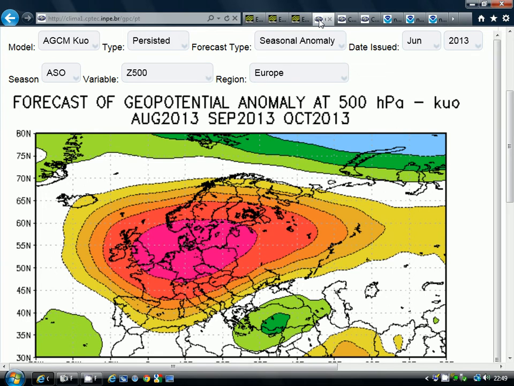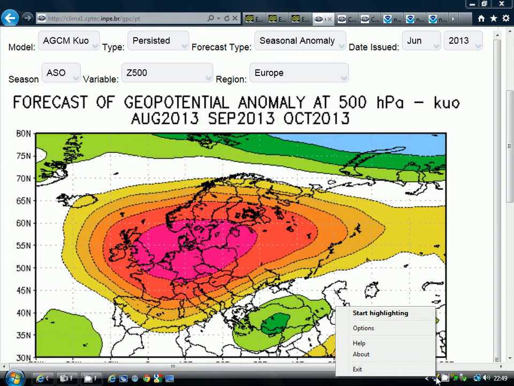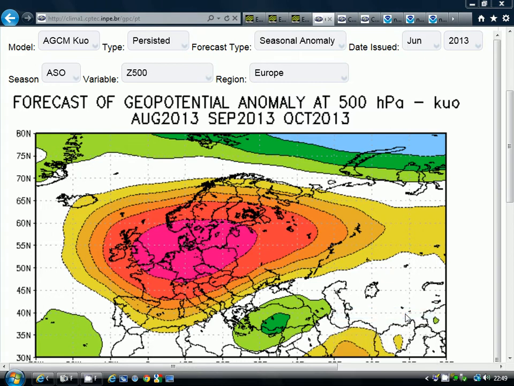Moving on to the next model, this is the Brazilian model. Now we can't look at the whole of autumn with this, but we can look at August, September, October. So we're looking at the late summer and through the first and middle parts of the autumn. These are 500 millibar heights. A little bit different with this model. It catches us forecasters out a little bit, because on normal 500 millibar heights, below average heights would be blue, above average heights would be red and orange.